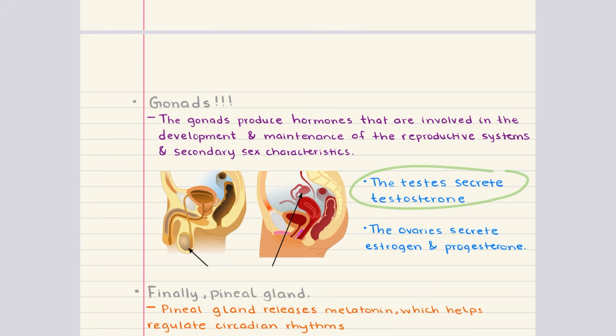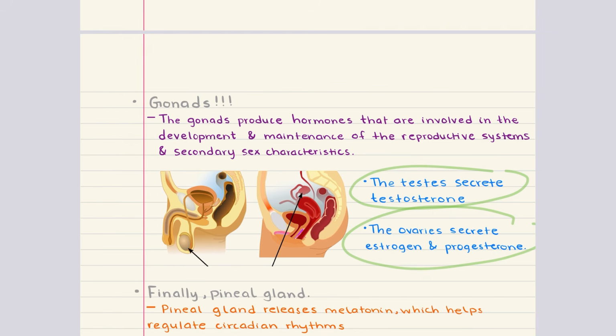In females, the ovaries secrete estrogen and progesterone, which regulate the menstrual cycle, maintain pregnancy, and contribute to the development of female secondary sex characteristics, such as breast development and the widening of hips.